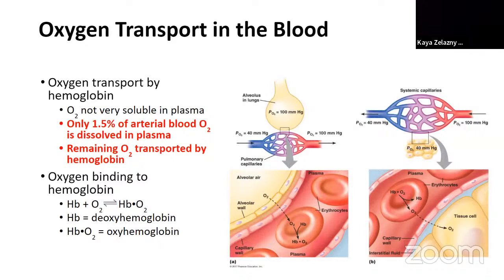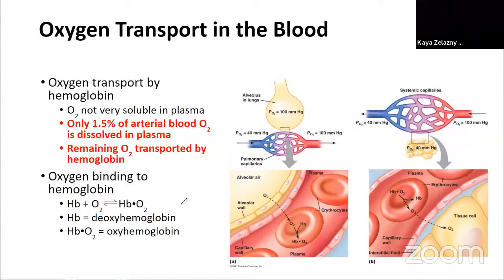About 1.5% of oxygen in arterial blood is in the plasma, so in the water part of your blood. The rest of it is on the hemoglobin, bound to hemoglobin. So we have two words that we will use for different types of hemoglobin. By types, I mean hemoglobin that currently has oxygen bound to it versus hemoglobin that's been emptied of the oxygen.